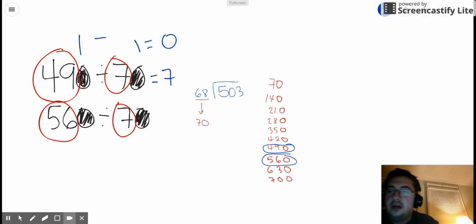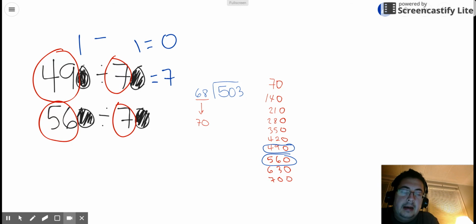And then if we drop down to the 560 divided by 70, we have that 56 circled and the 7 circled. So we're going to do 56 divided by 7. And if you know that basic division fact, that's great. But if you need to use your multiples to tell you what 56 divided by 7 is, that's okay too.